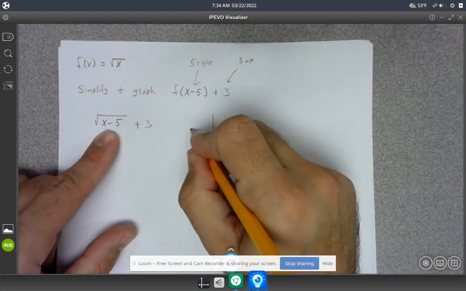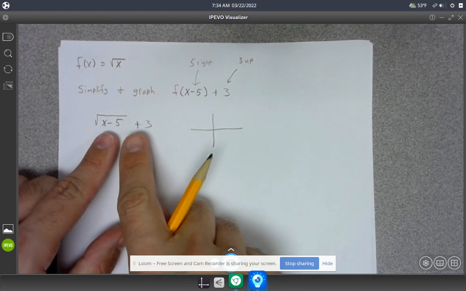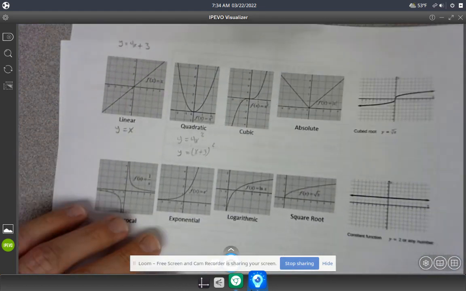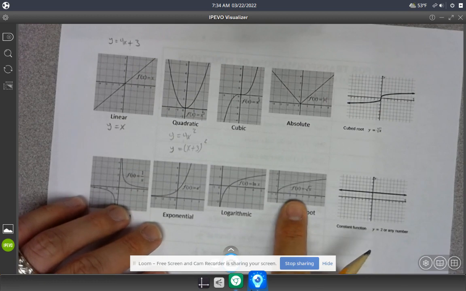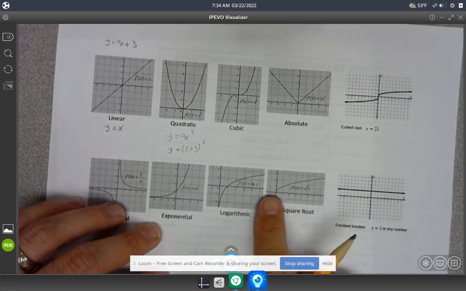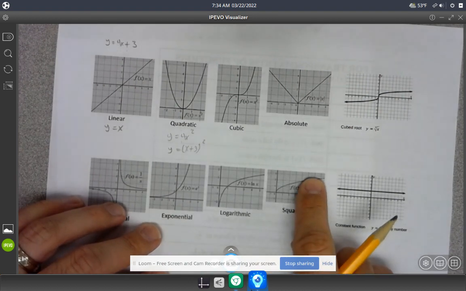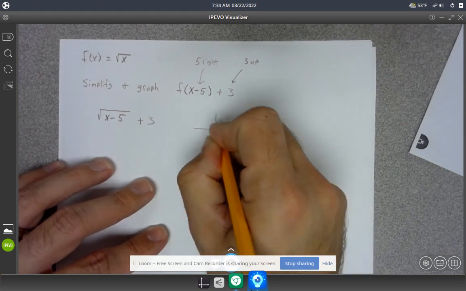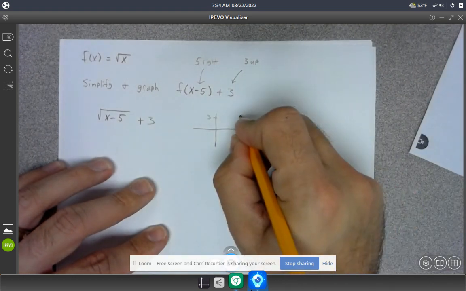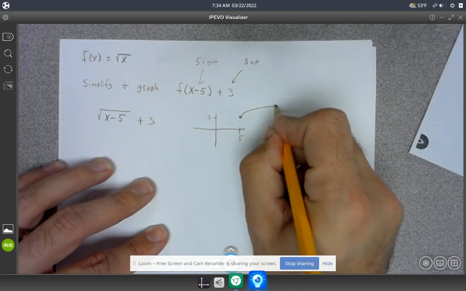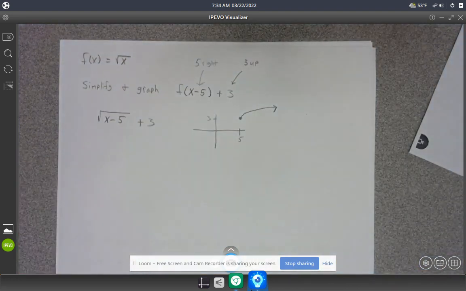So if we want to know what the graph of this looks like, it's going to be the exact same as our square root function, this one, but it's just going to be moved around. It's going to be moved 5 to the right and 3 up. So here's 5, here's 3, and the graph of it's going to look something like that. There we go.